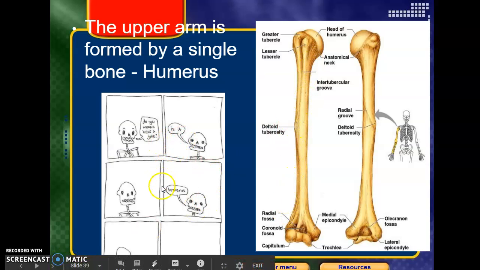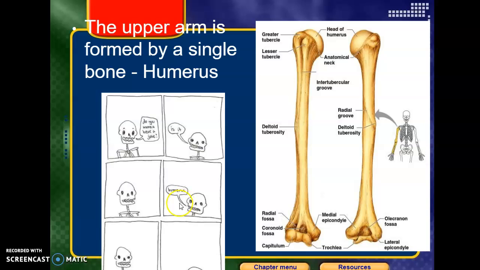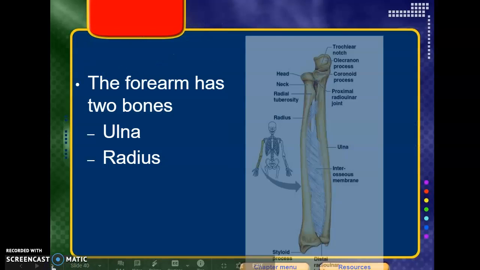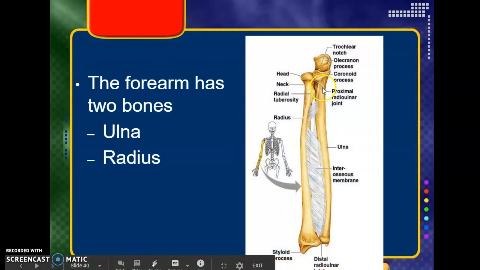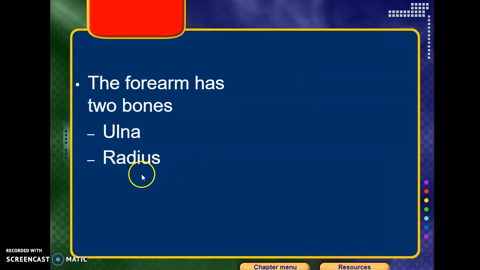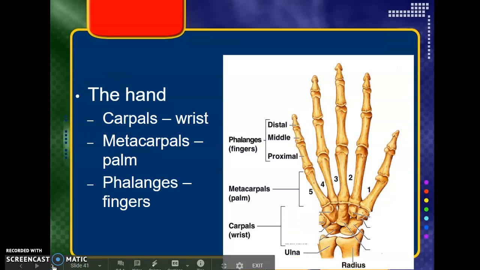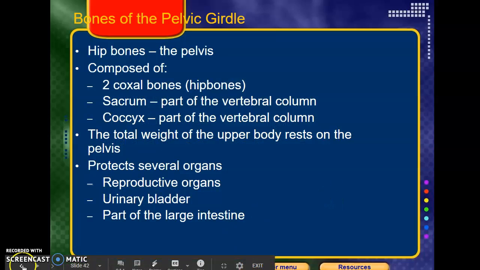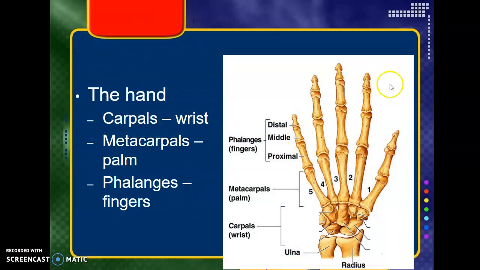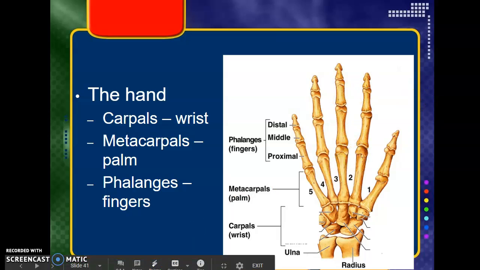Two bones of the lower arm, the forearm, the radius and the ulna. And then the hand: the carpus, the metacarpals, and the phalanges, the bones of the hand.